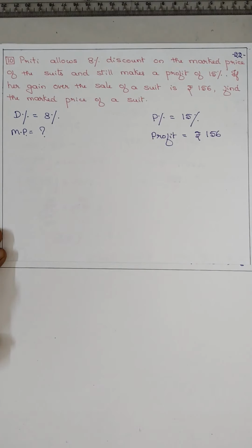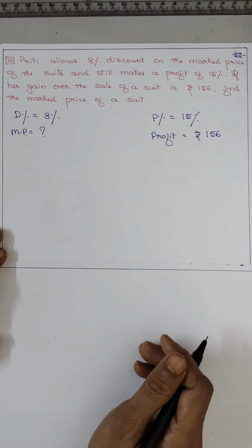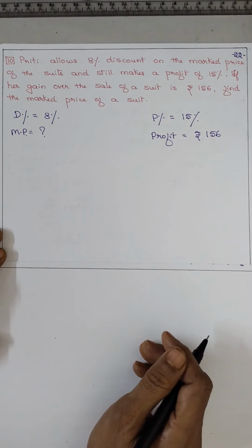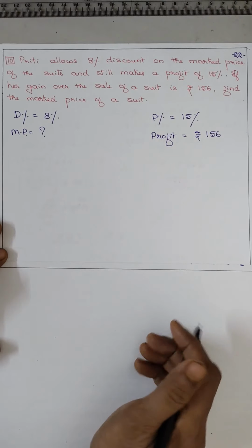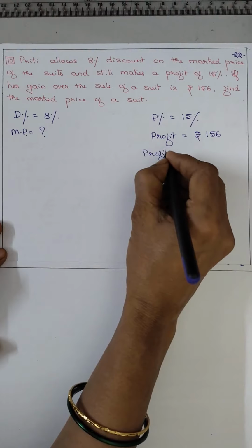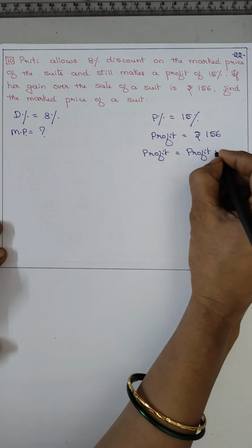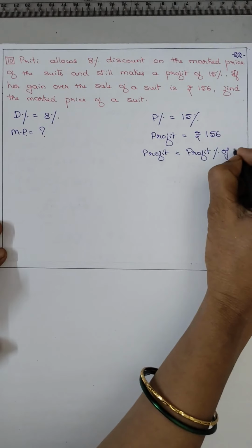They didn't give the CP, they didn't give the SP, nothing. Isn't it? So profit percent and profit are given. So profit percent, usually it is calculated on the CP. So you can write profit is equal to profit percent of CP.